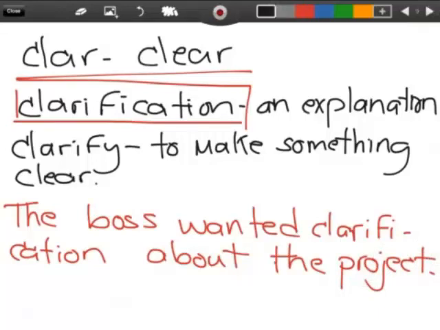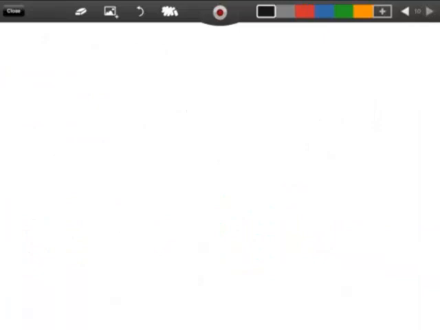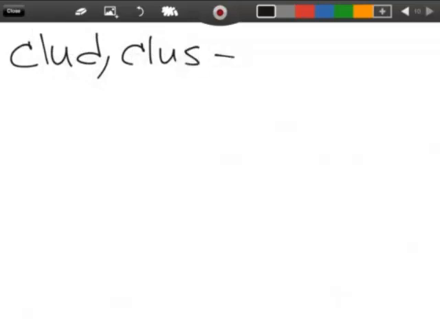Moving on to our last root is clud, plus. Like I said, guys, this is another important root. I'm going to go ahead and underline it for you after I write this. It means to close.